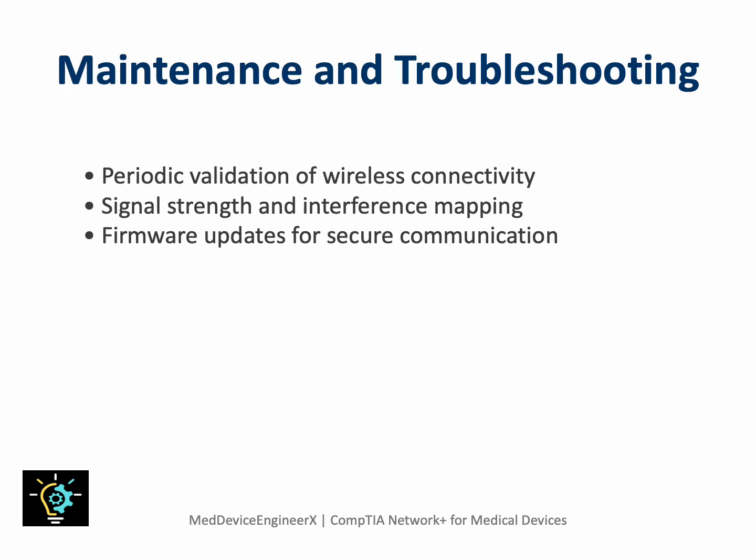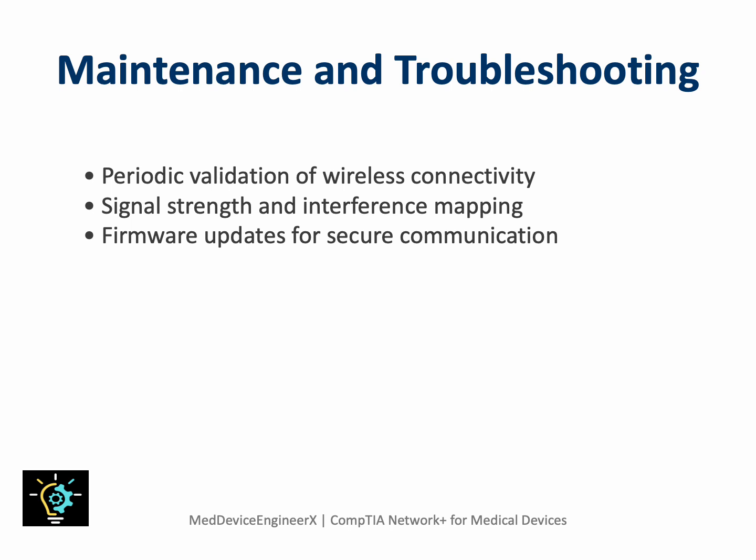Maintaining wireless connectivity in hospitals involves continuous monitoring and preventive testing. Engineers perform signal strength assessments, interference mapping, and firmware updates to sustain reliability. Troubleshooting often focuses on environmental factors like metal walls or overlapping access points that weaken connections.